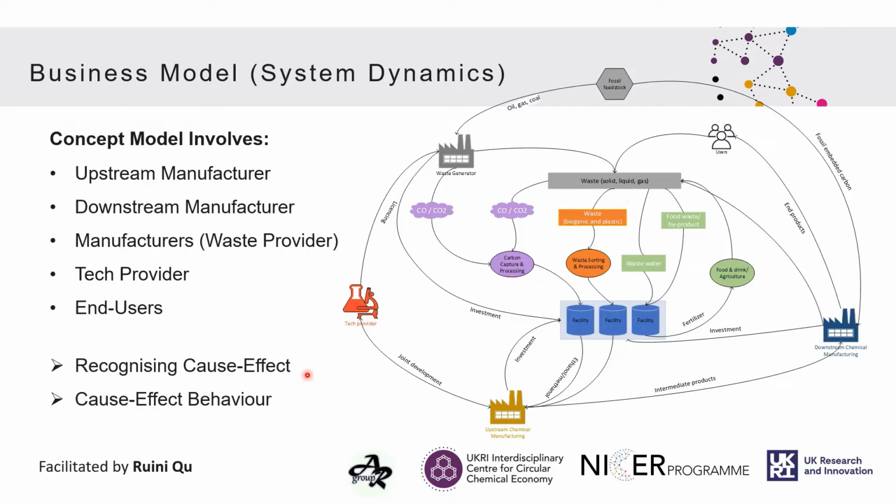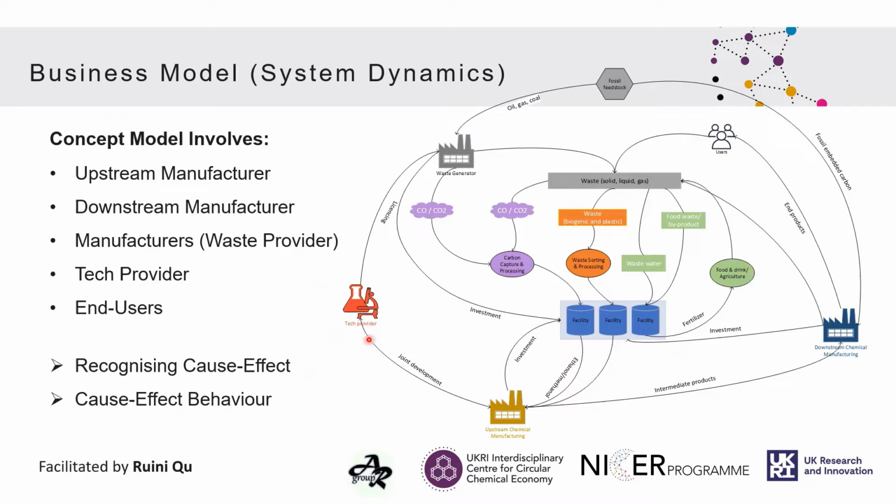Concept means we interlink from the very beginning to the very end all the different manufacturers, all the technology providers, all the users, and everything in between, with the idea of finding what's the effect of any change.